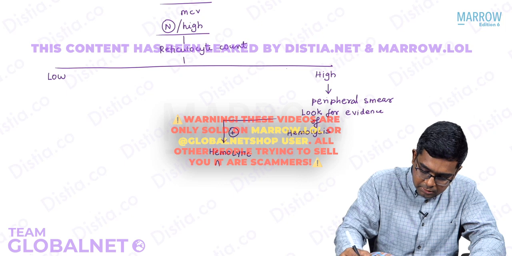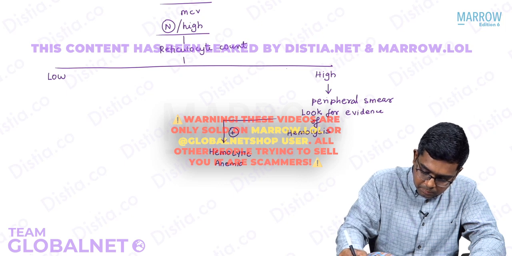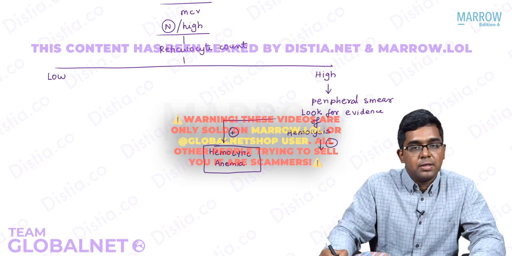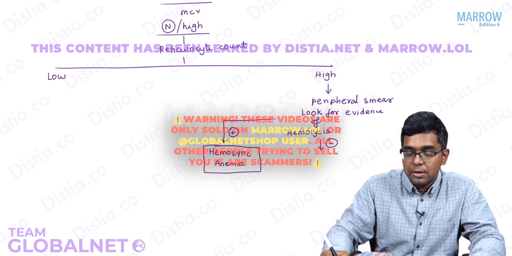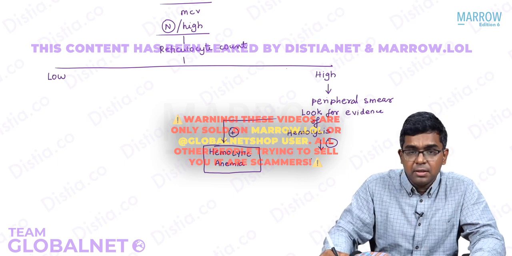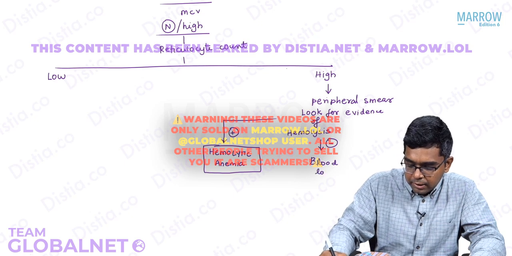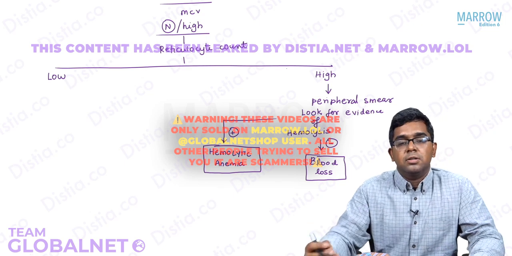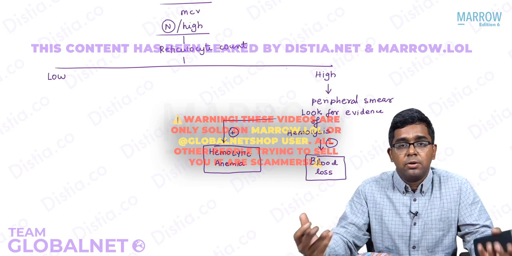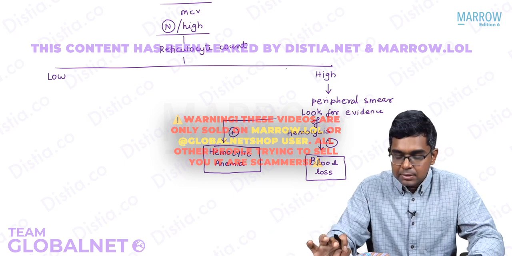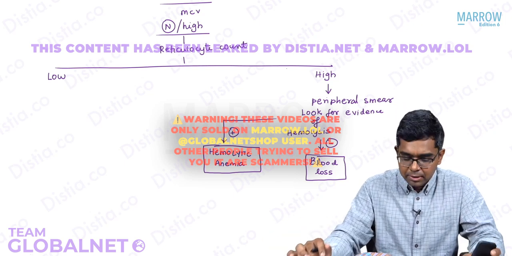If there is no evidence of hemolysis, then what is the other condition I am looking for? Some condition which is characterized by blood loss. So I have to evaluate in terms of conditions characterized by blood loss, for example gastrointestinal bleeding, chronic GI blood loss. This is the approach for high reticulocyte count.